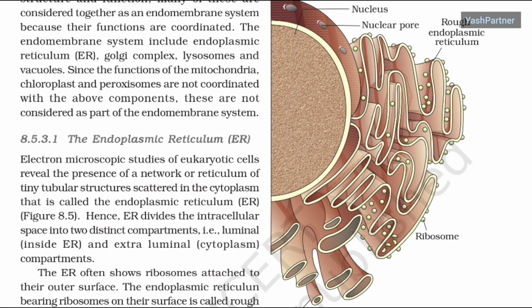8.5.3.1 The endoplasmic reticulum, ER. Electron microscopic studies of eukaryotic cells reveal the presence of a network or reticulum of tiny tubular structures scattered in the cytoplasm that is called the endoplasmic reticulum, that is ER. Figure 8.5.